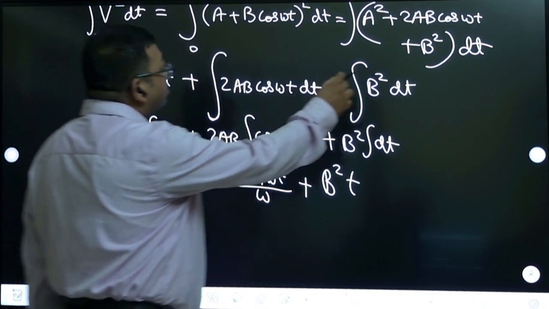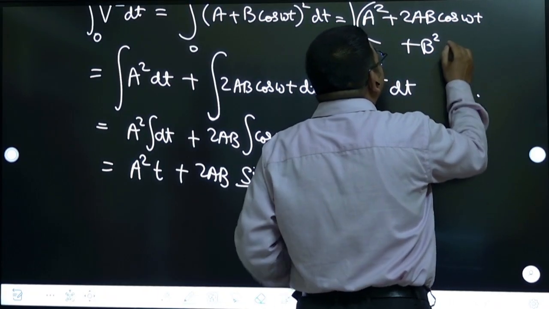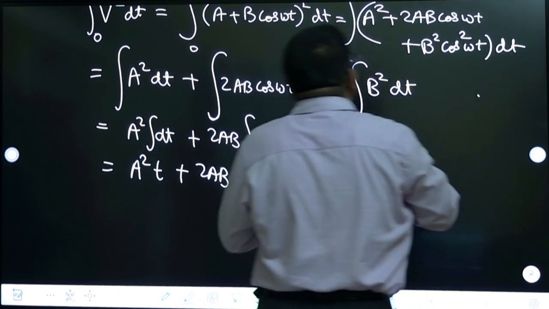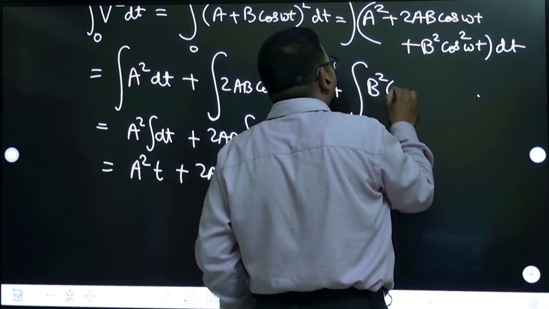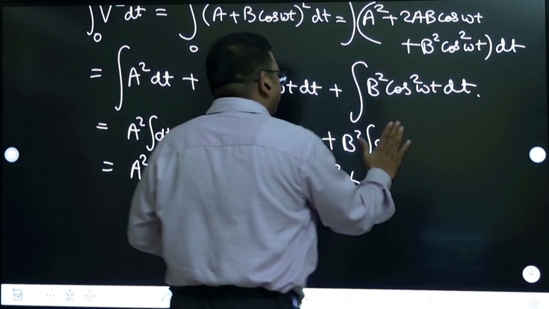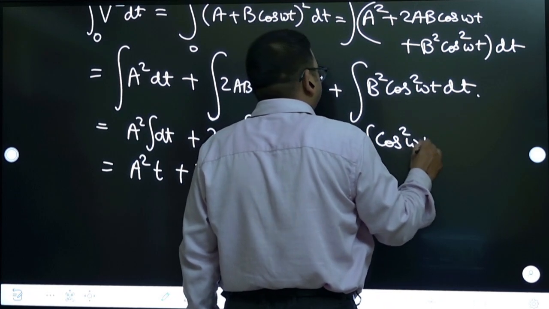I think it is B square cos square. Oh, B square cos square it is, otherwise it will be a different answer. So cos square remains inside this integration: cos square omega t dt.